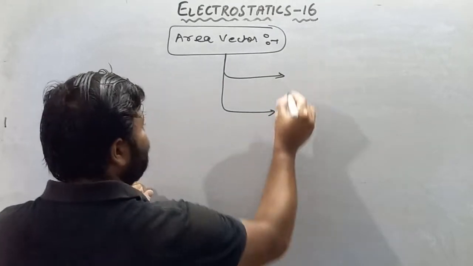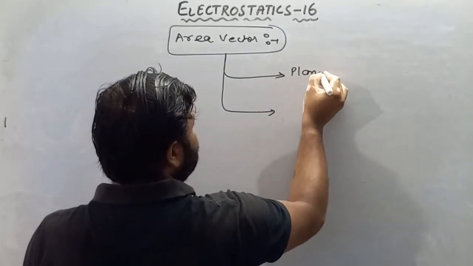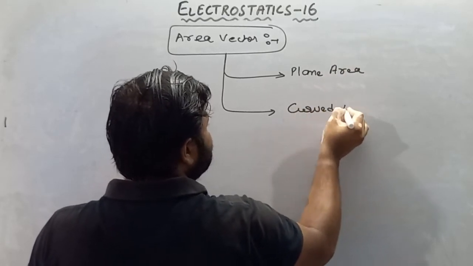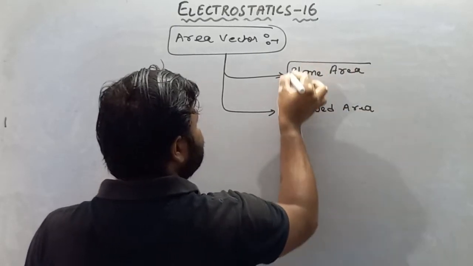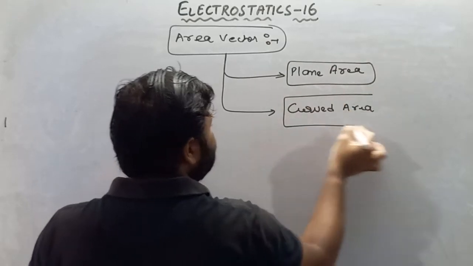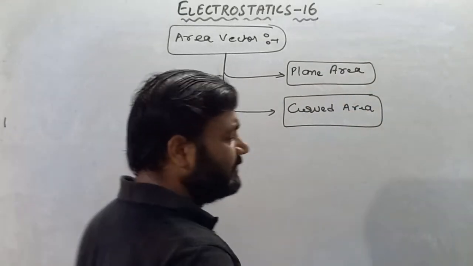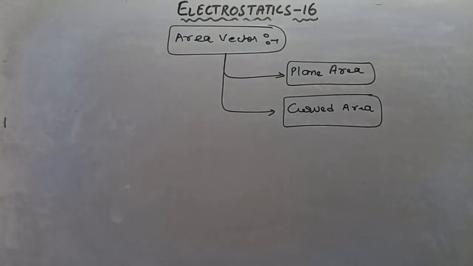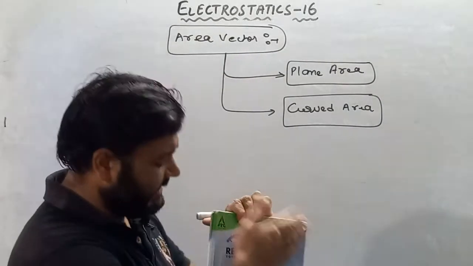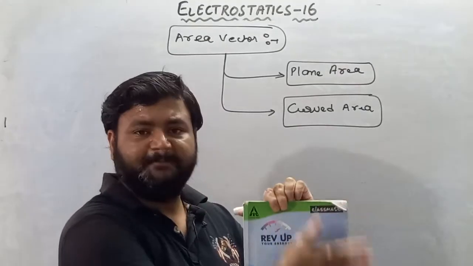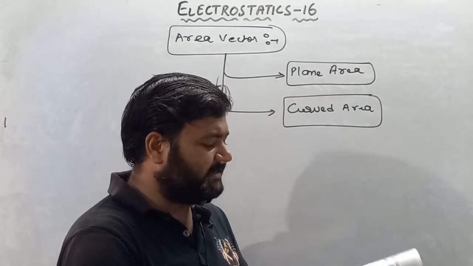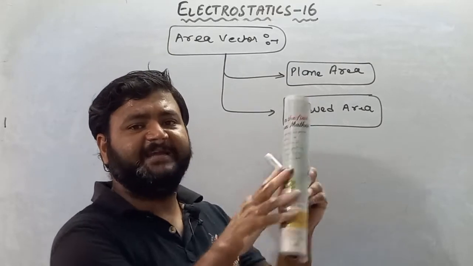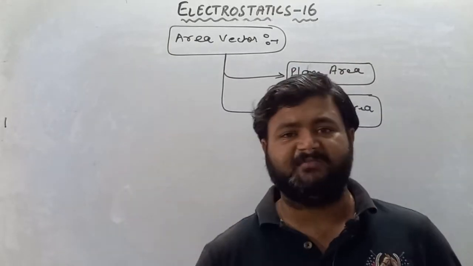One is plane area, and the other is curved area. I hope you all understand what plane area is and what curved area is. So plane area is nothing but like this. Let's suppose this is an area. So this is basically plane area. But if I make this notebook like this, then this part is basically curved area. So area is basically of two types.